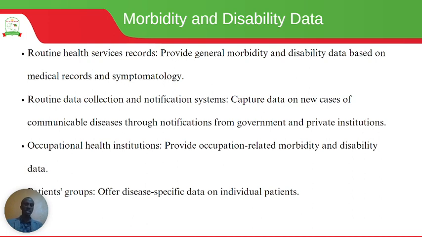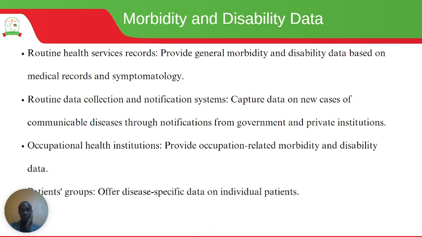Then morbidity and disability data can also be got from population sources, and these include routine health service records, where we get this morbidity and disability data.